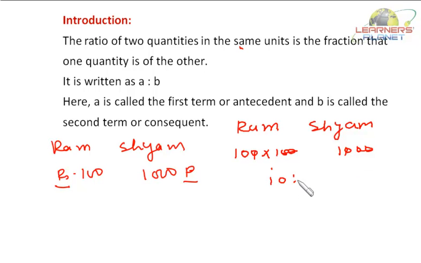We just see over here that Ram is having 10 times amount than Shyam. So in the previous case we were getting that Shyam is having 10 times of Ram, but actually Ram is having 10 times of Shyam. So I hope you are clear with the importance of same units.